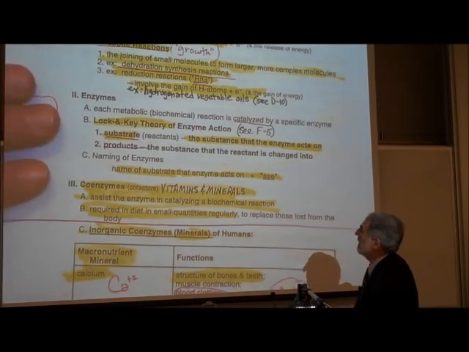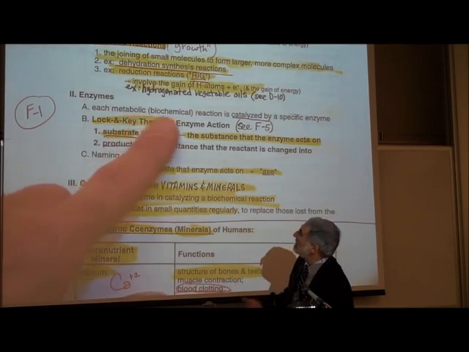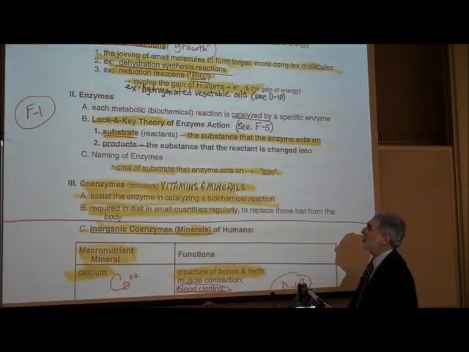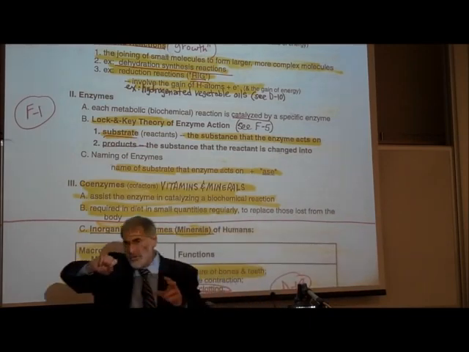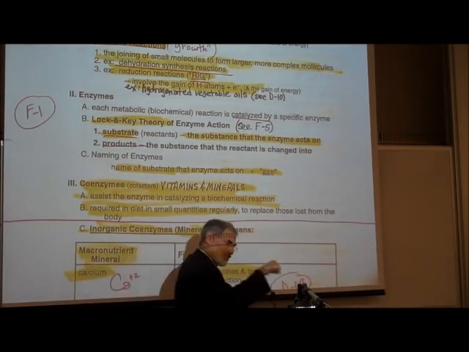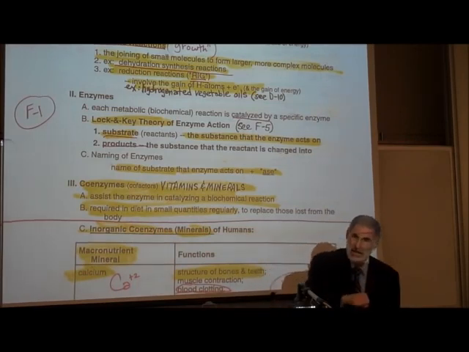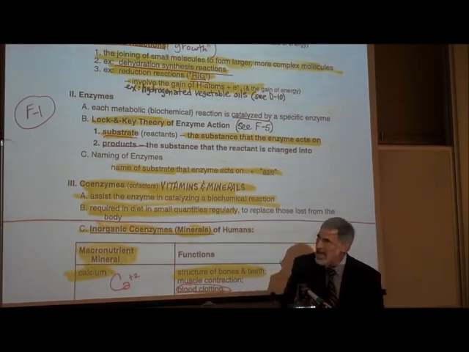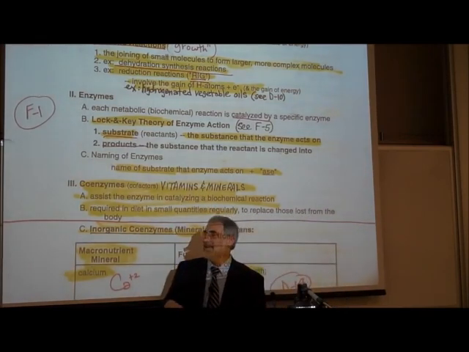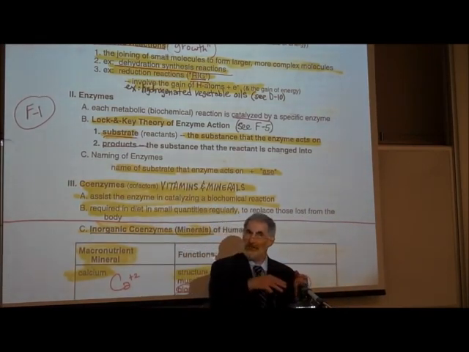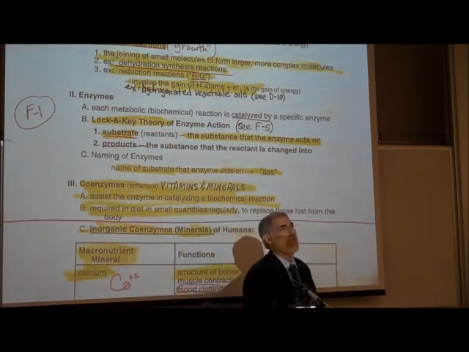All right, so anyhow, each enzyme catalyzes a biochemical reaction. Now, how is it possible that sucrase only attaches to sucrose, and lactase only attaches to lactose? So we commonly say that the way an enzyme attaches to a substrate is similar to the way a key fits into a lock.